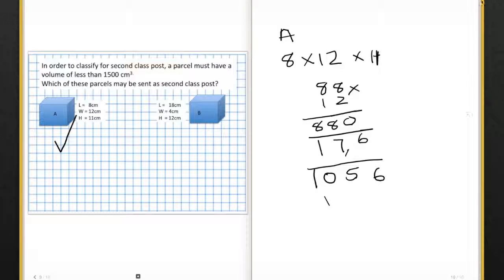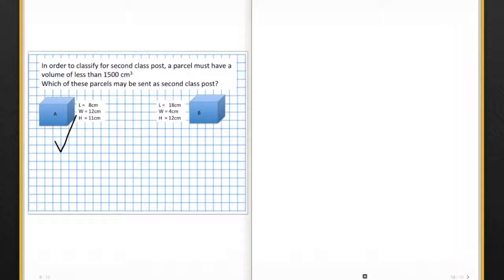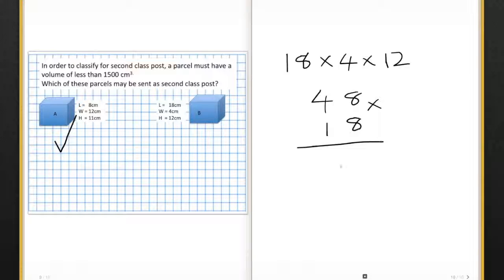Now we better just check the parcel B, just in case they're both classified as second class post. And here we've got 18 times 4 times 12. Well, I know 12 4s are 48, so I'll do 48 times 18. 0 down, 48. And now times by the 8. 8 8s are 64. 8 4s are 32, add 6 is 38.